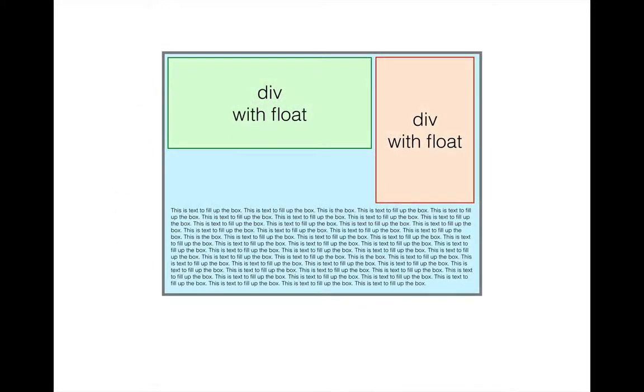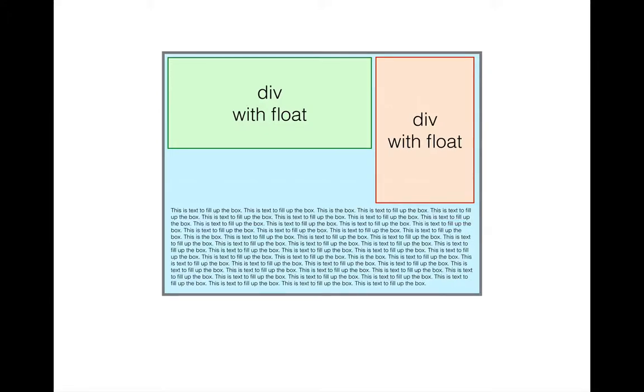So here we have a situation where there is a green div with a float on the left, and there is an orange div on the right, also with a float. So those two are floated. The green div is floating left, the orange div is either floating left or right. But notice that below them we've got some text. And that text is what's causing the blue box to expand downwards.